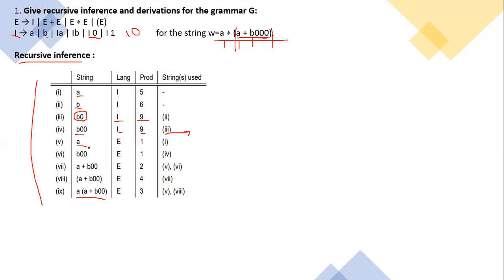And the next terminal is A. Where can I take the A from? I can take the A from I, right? But here it is mentioned with E. Why? Can you follow what's happening here? I can replace the A by I, right?